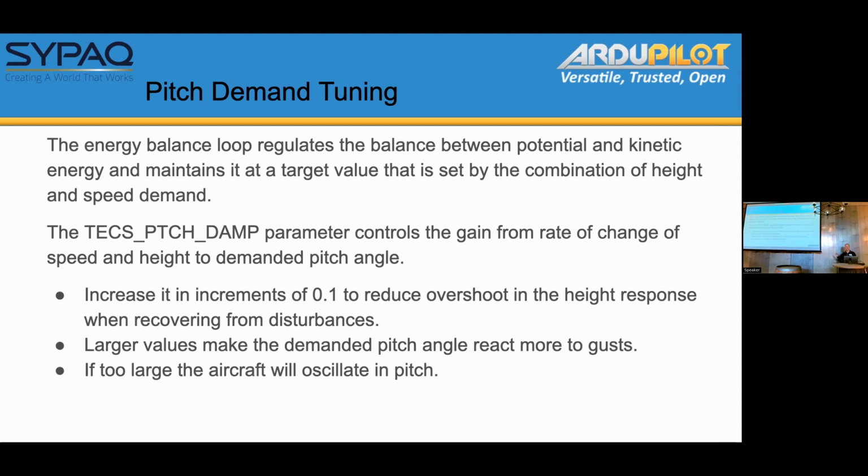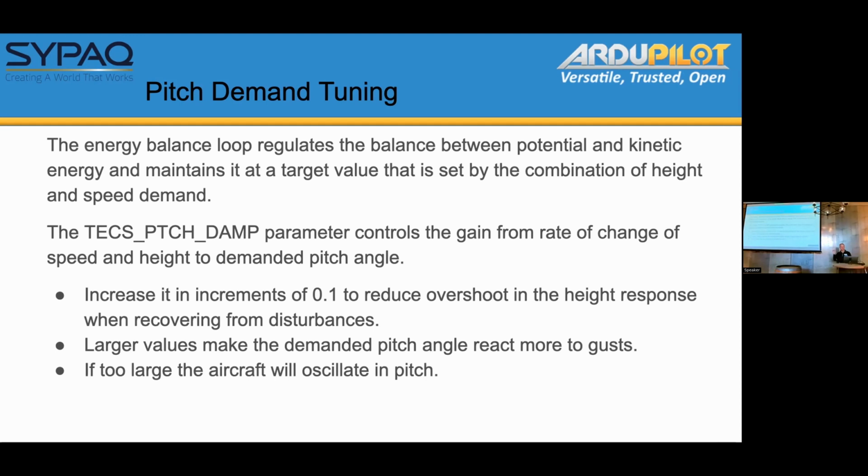Now, the damping parameter means it reacts to the rate of change of airspeed and the rate of change of height, right? So it tries to anticipate the build-up of the error. The problem is, as you can imagine, airspeed is a noisy measurement. And now we're trying to respond to the rate of change of a noisy measurement. And the rate of change of a noisy measurement is noisy.